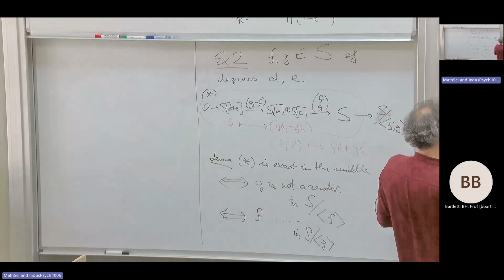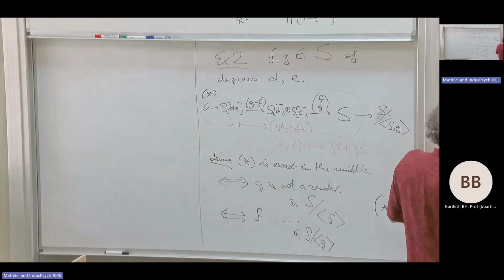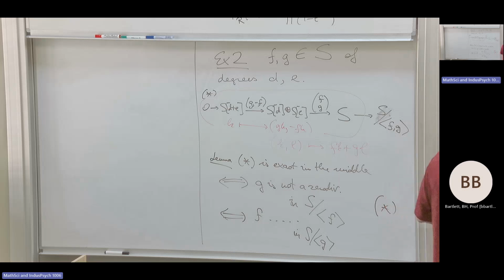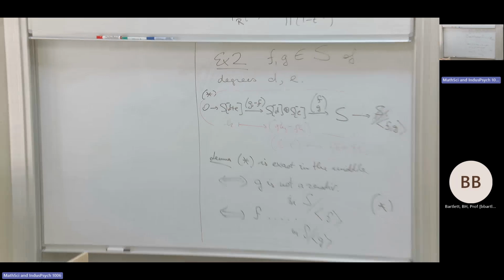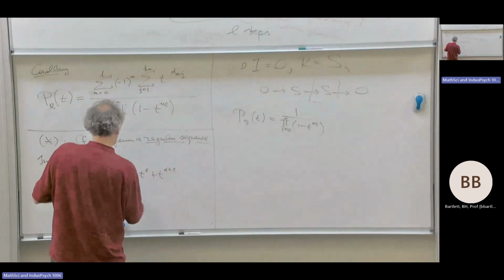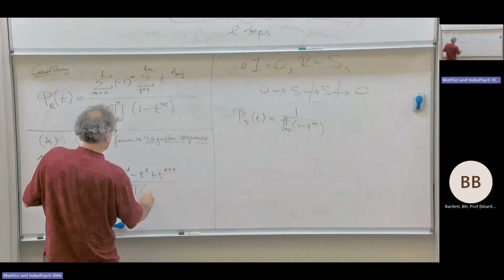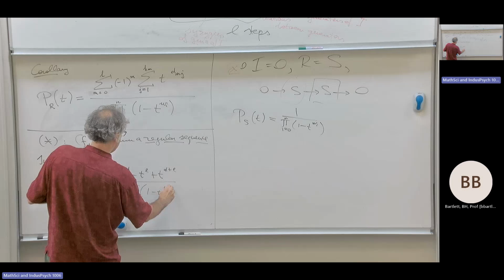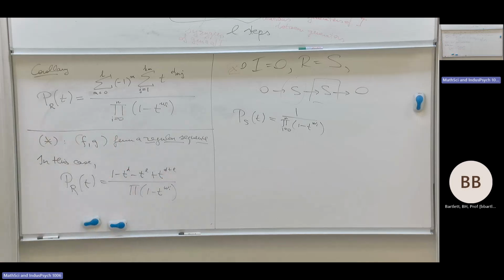Okay, so in this case, we get that the Hilbert function of this ring, I can read it off from here: 1 minus t to the d, minus t to the e, plus t to the d plus e, over the product of the 1 minus t to the w_i. That's just reading it off, but this factors.